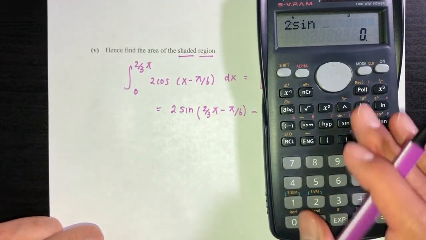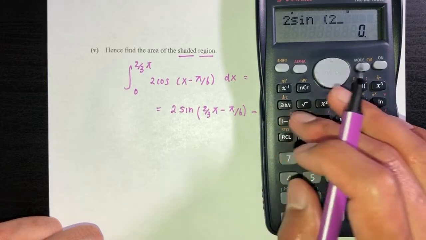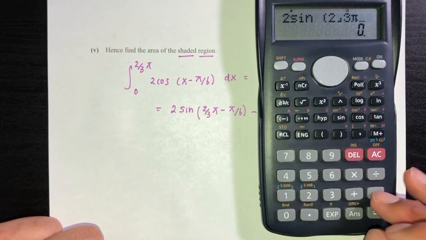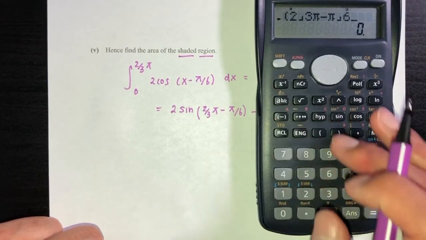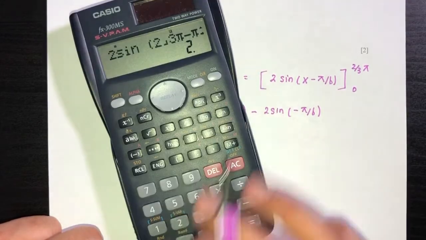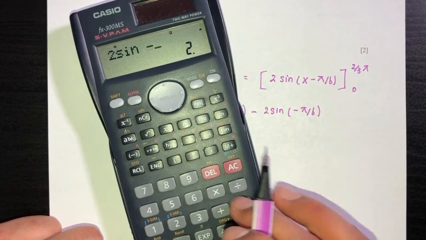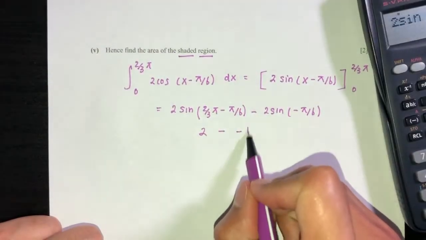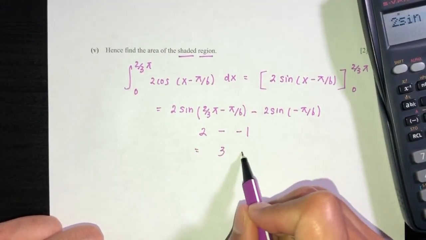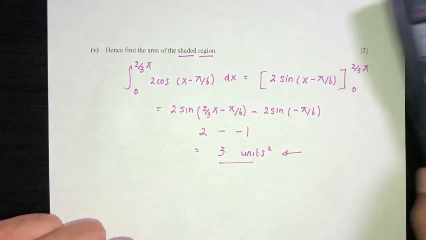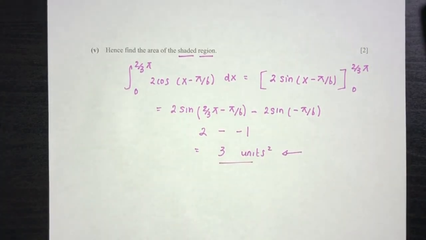So 2 sine of (2 over 3 pi minus pi over 6) should be 2, minus 2 sine of (minus pi over 6), that should be minus 1. So 2 minus minus 1 should be 3. That will be 3 units squared. And that is your area of this region. That is your question number 7.